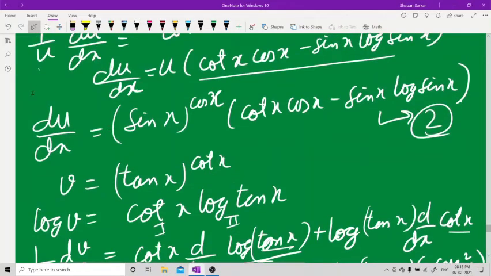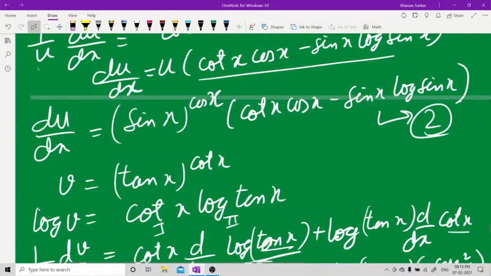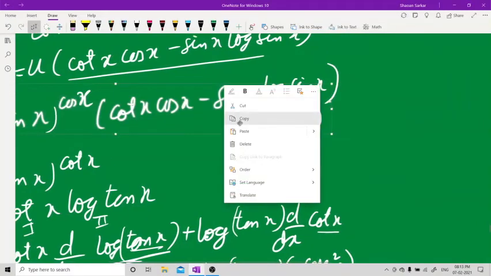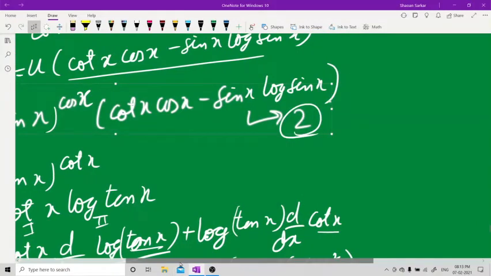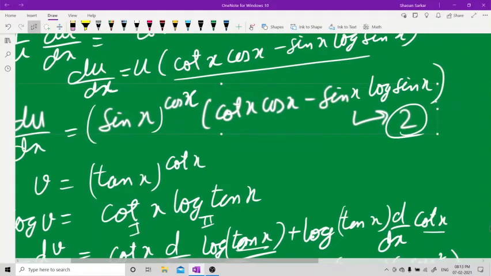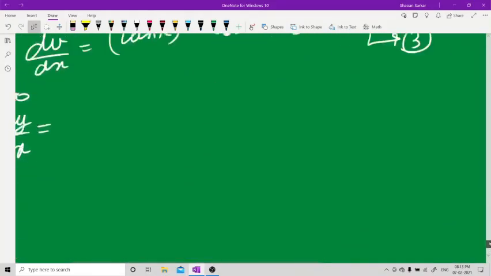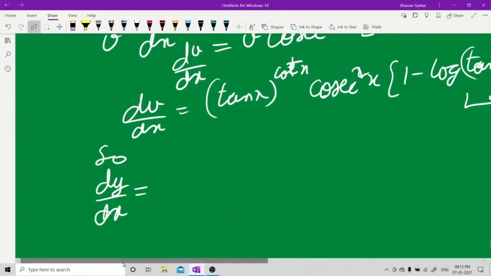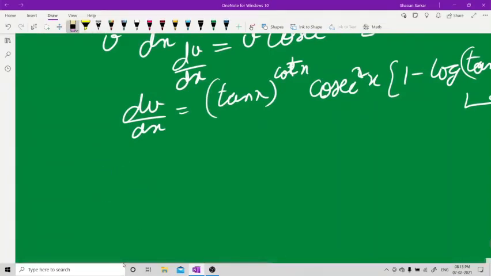Let's do one thing. Let's copy this from here. Let me copy this. Just a minute. It has gone this way. No problem. Let's do the copy part. Let me rub this from here, I'll get more space. So, dy by dx. What was that?